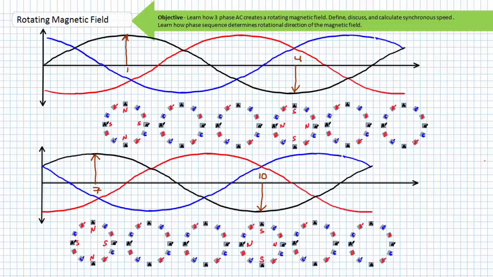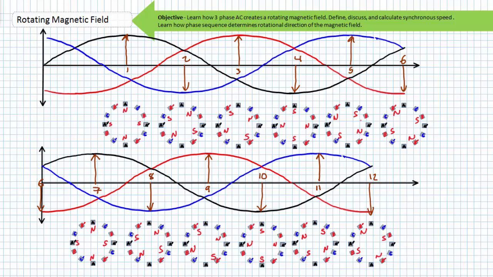If both B windings receive the red L2 phase, during positive maximums of L2 at times T3 and T9, both B's will be north poles and both B primes will be south poles. During negative maximums of L2 at times T6 and T12, both B's will be south poles and both B primes will be north poles.